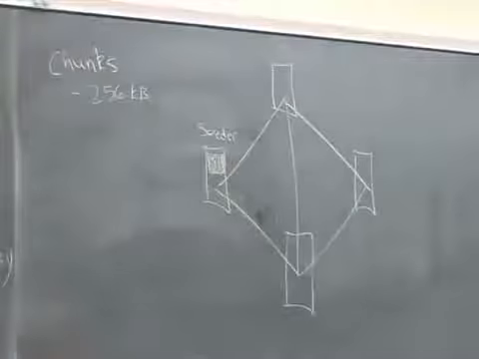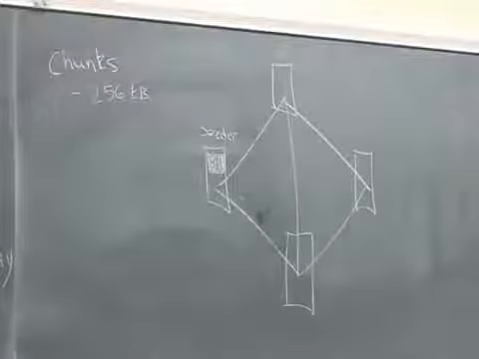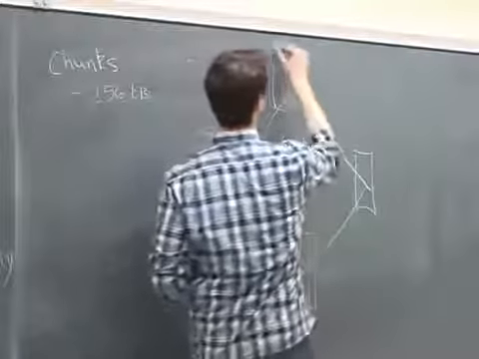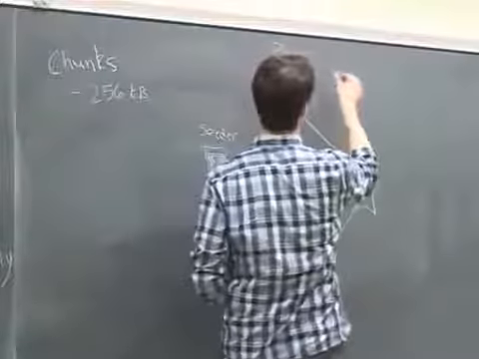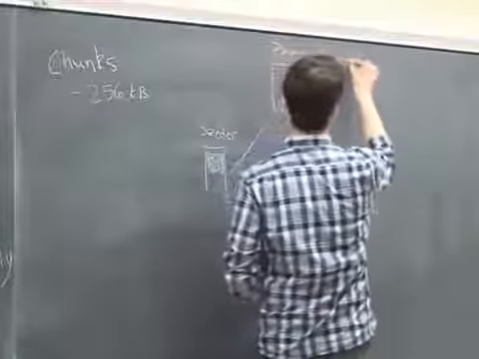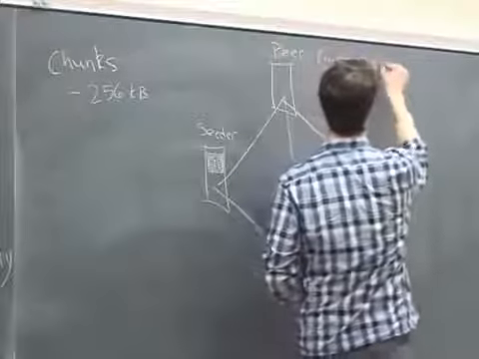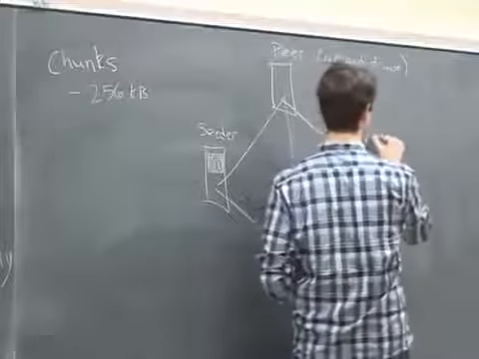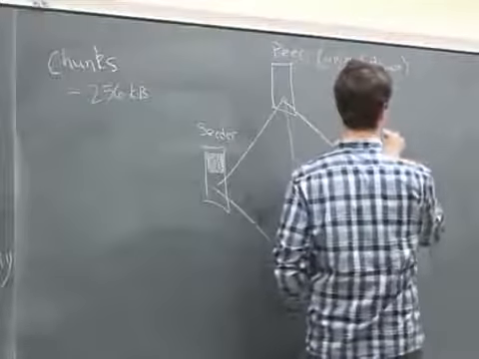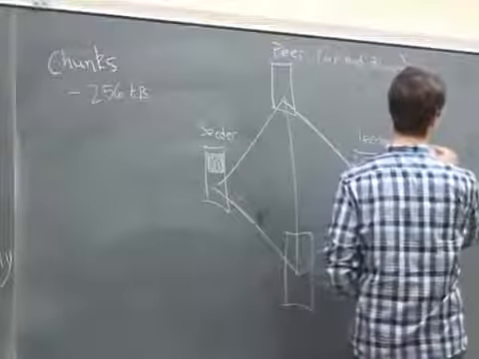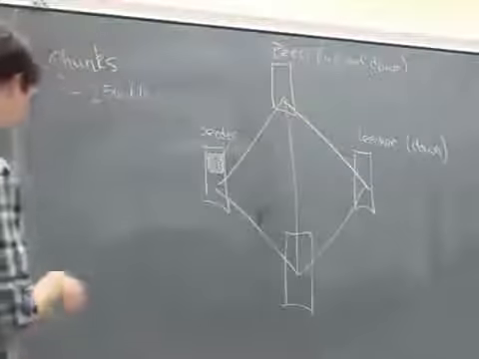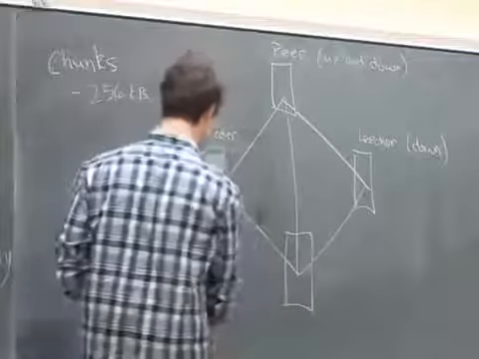Seeders are peers that have the entire file and are just uploading to other peers, whereas peers are typically uploading and downloading. And then there are other nodes called leechers, and they are just downloading. They're not contributing anything back to the torrent, or anything to other peers.